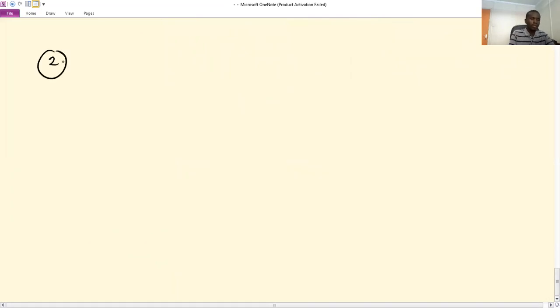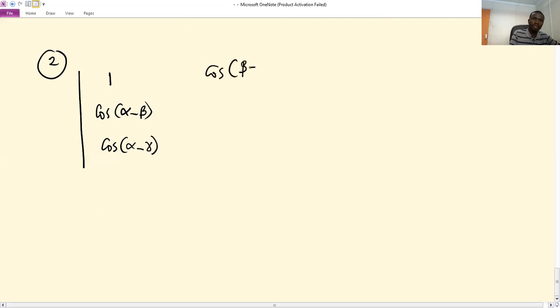Two. So we have been given the determinant of 1, cosine of alpha minus beta, cosine of alpha minus gamma, cosine of beta minus alpha, 1, cosine of beta minus gamma, cosine of gamma minus alpha, cosine of gamma minus beta, 1.